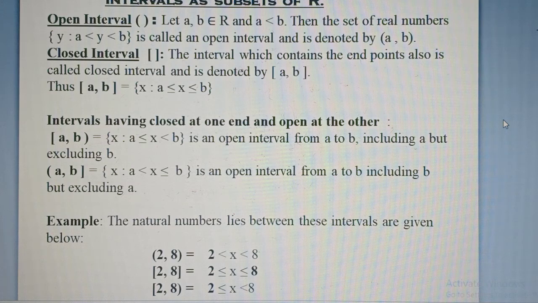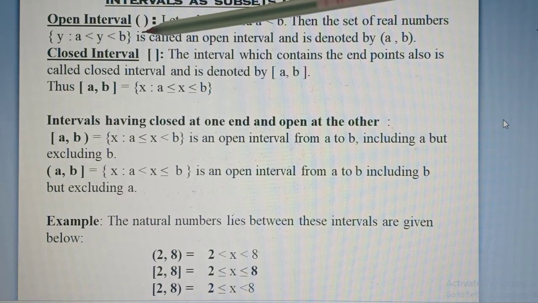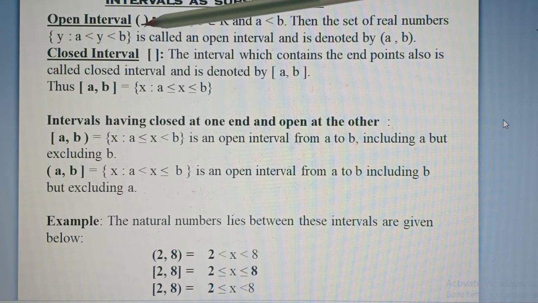Next, I'll discuss the different intervals of a subset of R. So first of all, the open interval. Students, an open interval is defined by this bracket, the round bracket, meaning that both ends are open. Let a and b belong to R and a less than b.